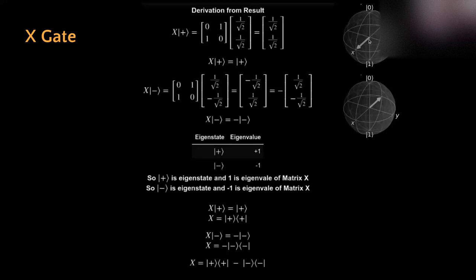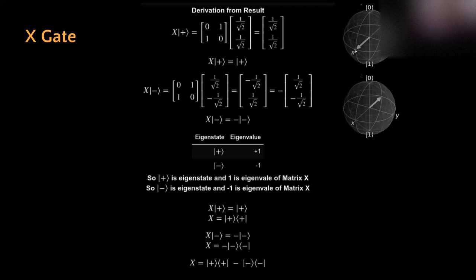So intuitively, let's just imagine that we're having a 180-degree rotation about the x-axis, then which qubit state will not get rotated? And it's obvious that the qubit state would be one which is aligned to the x-axis. That is the positive and the negative direction of the x-axis. A rotation about the x-axis will not affect the position of the x-axis itself or any other qubit on the x-axis.